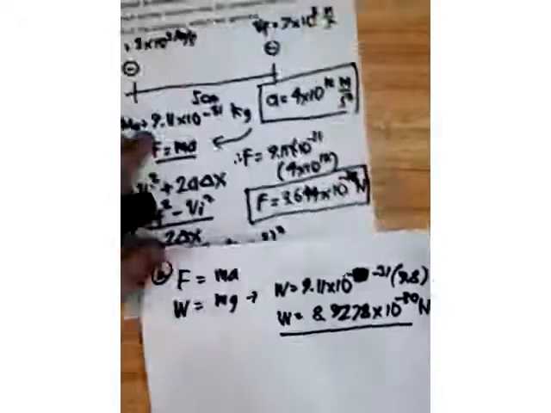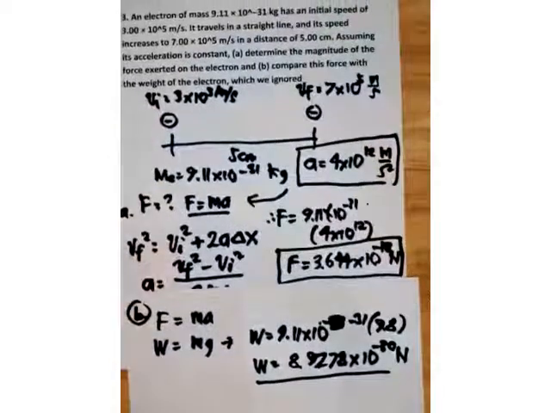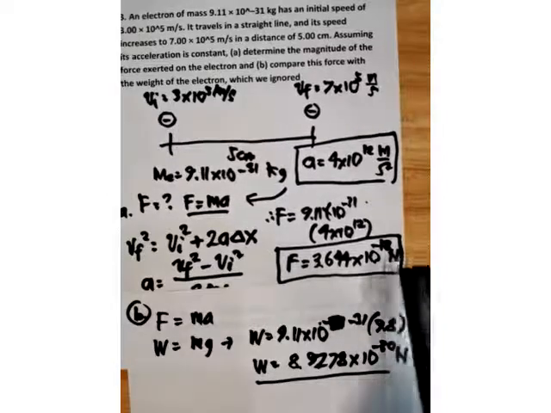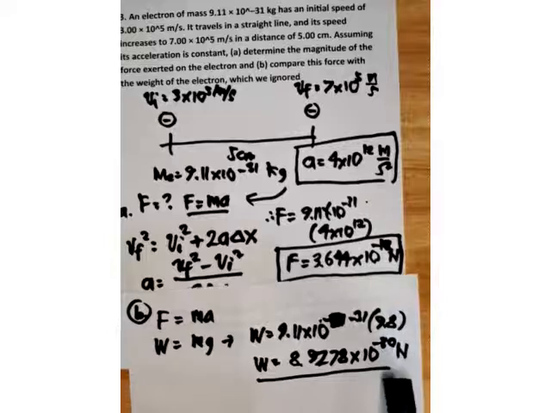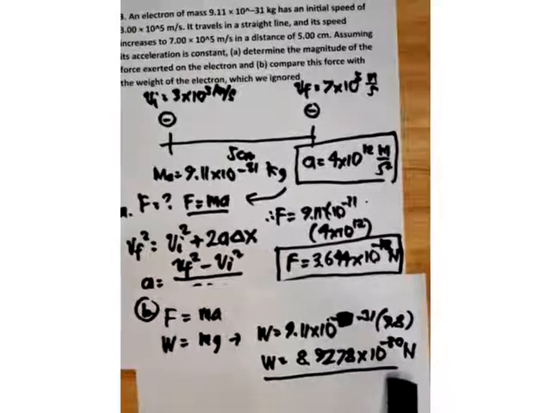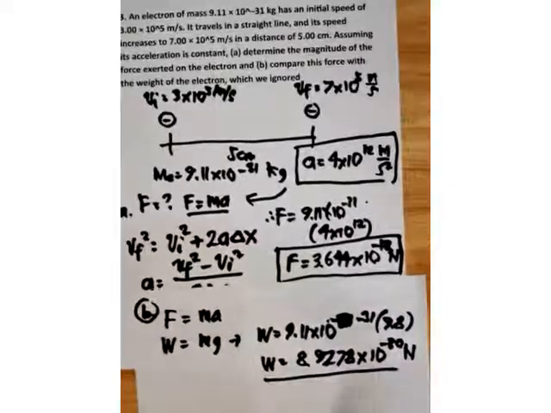So, ang sabi dito is, we compare this force with the weight of the electron, which we ignored. So, how will we compare it? Imagine nyo, ang sobrang layo ng difference nila. Because this one is just negative 18, and this one is negative 30. Di ba masyado nang maliit? Sobrang liit na ng force na yon.